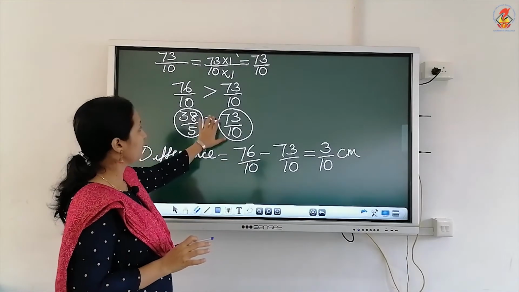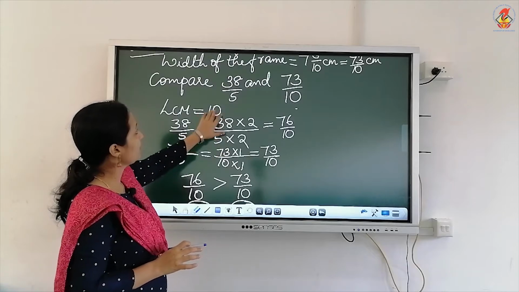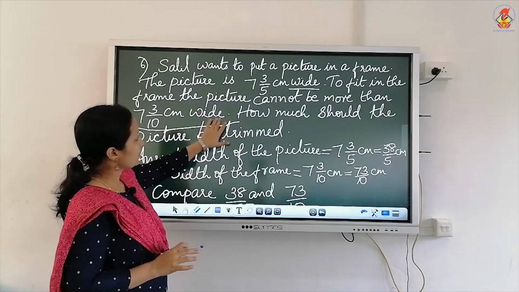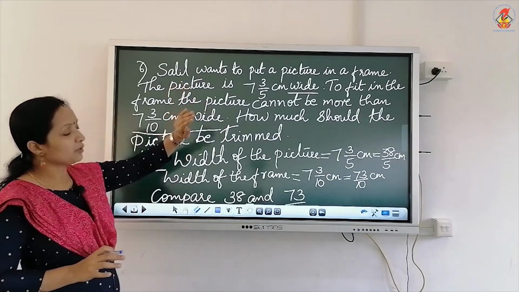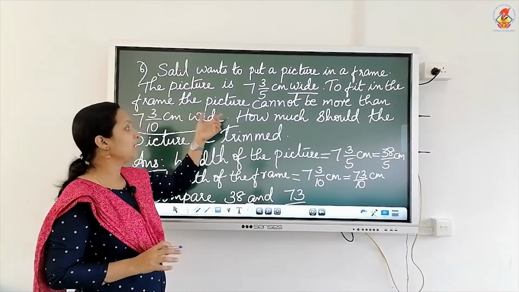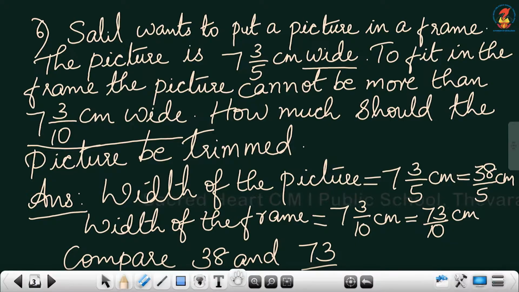Just go through the answer one more time. What is given in the question? Width of the picture is given there and we have to put that picture inside one frame, and width of the frame is given there. The picture cannot be more than this much of centimeter. So first we have to find which width is greater, the frame or the picture, is it?